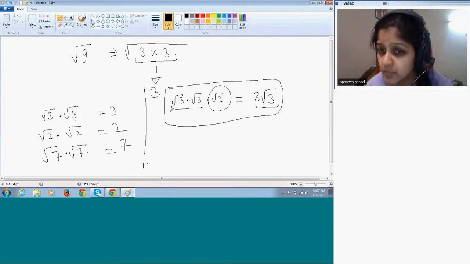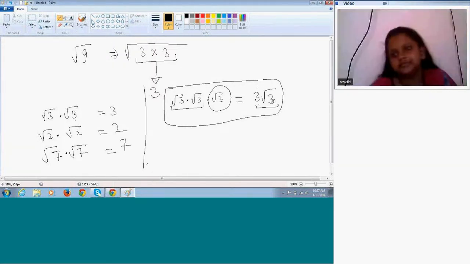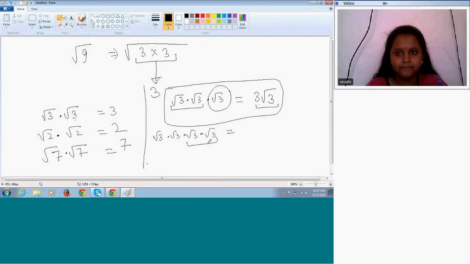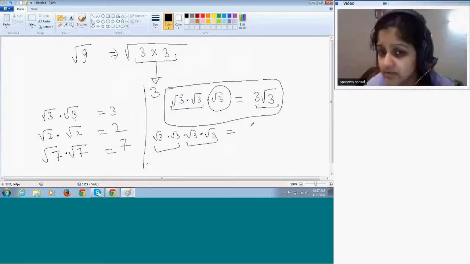If I have root 3 times root 3, and 3 times 3, which will be 9.